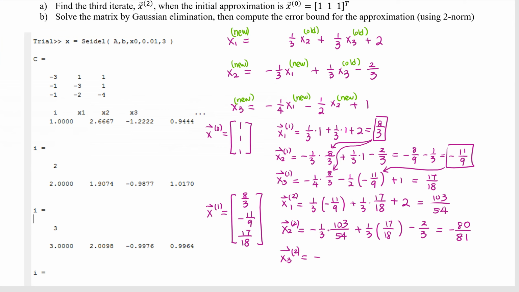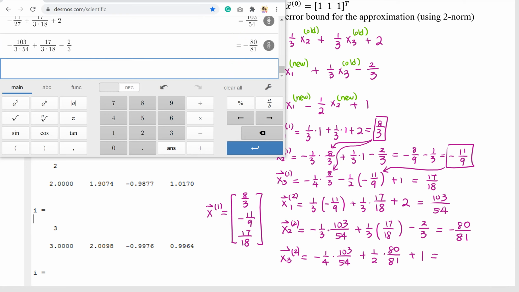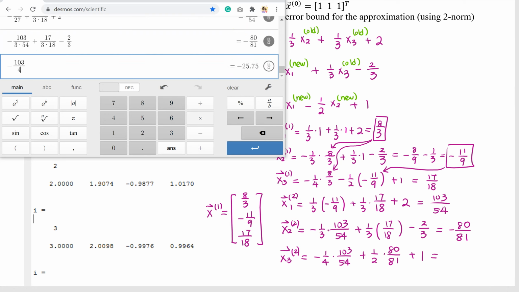Okay, so minus 1 over 4 x1 is 103 over 54. Minus 1/2 x2 is negative, and positive 80 over 81 plus 1. So that equals minus 103 divided by 4 times 54, and plus 80 over 2 is 40. 40 over 81 and then plus 1.